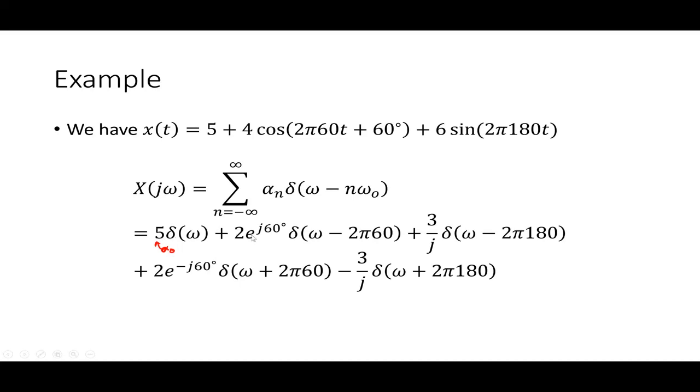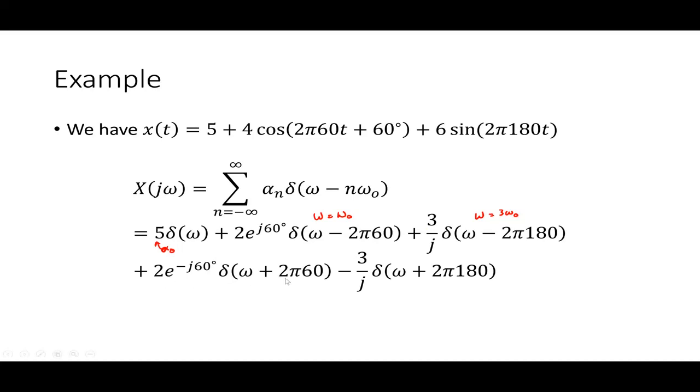For this term, when omega equals omega naught, which is 2 pi 60, the energy there is 2 e to the j 60 degrees. And at omega equal to 3 omega naught, that's what this term is, the energy is 3 over j.